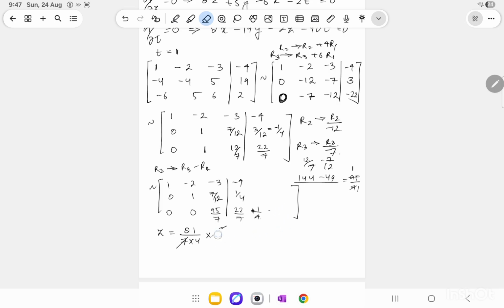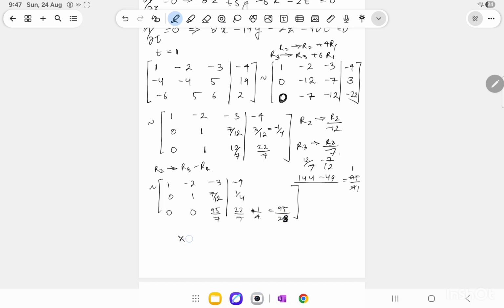So here I'll get, so 22 into 4, 88. 22 into 4 as 88, and plus I'll get 7, which is 95. So it is 95 by 28.